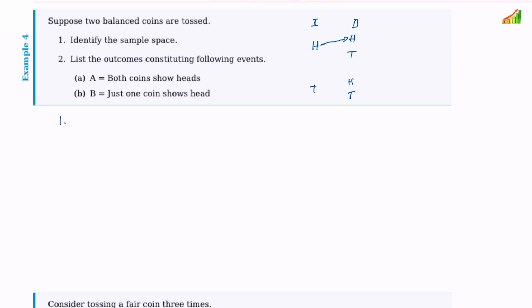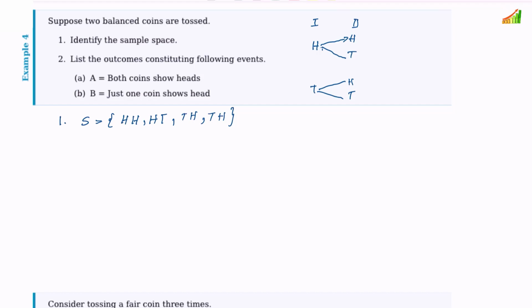Similarly, with the first coin head, second coin tail. Let me write this. So S equals first head second head, first head second tail, then first tail second head, tail head, and the last tail tail. So these are all the possible outcomes for two balanced coins. So this is the sample space.